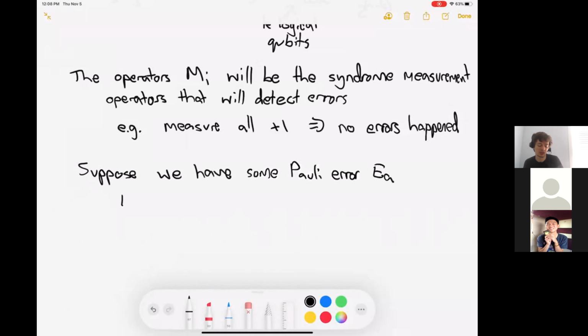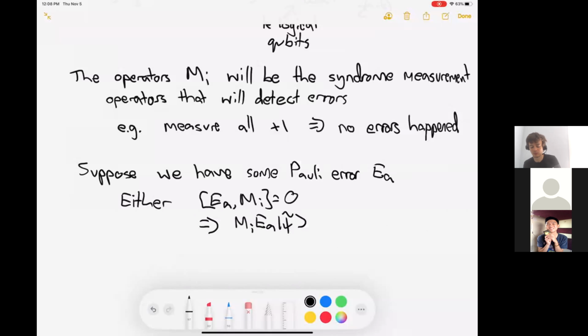Okay, then either E_a is going to commute with Mi, in which case Mi E_a psi tilde is going to equal E_a Mi psi tilde equals E_a psi tilde.